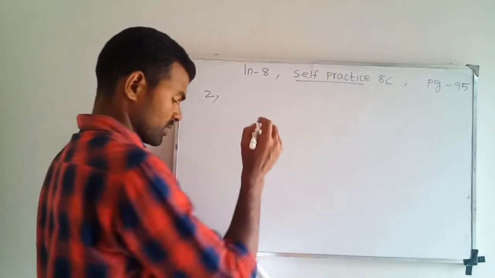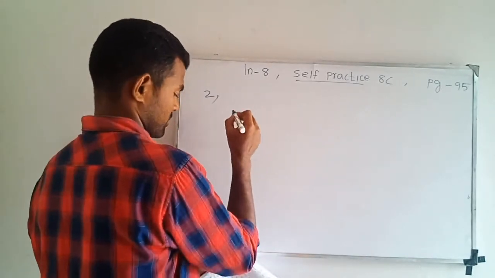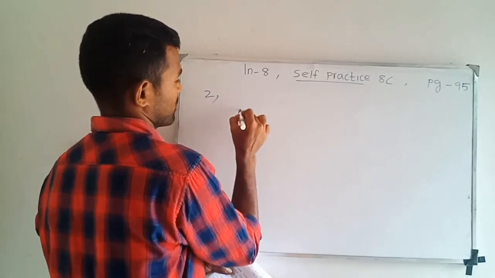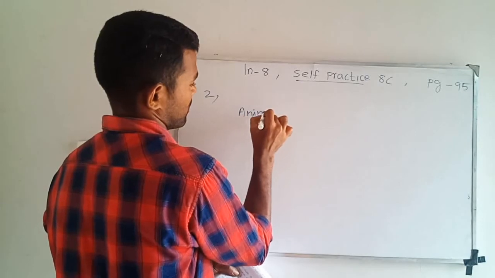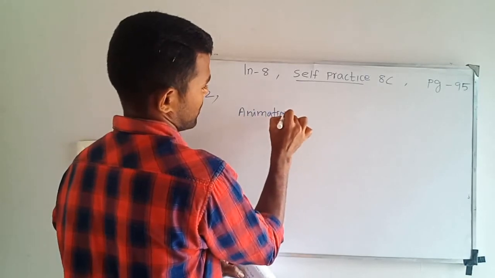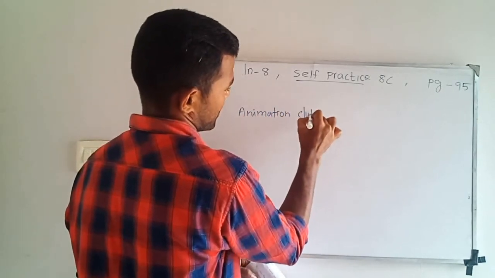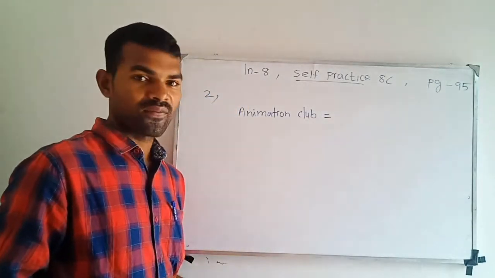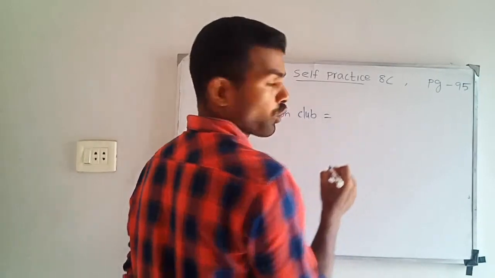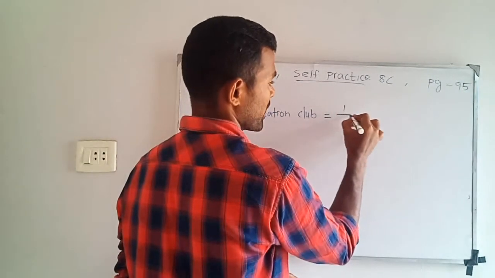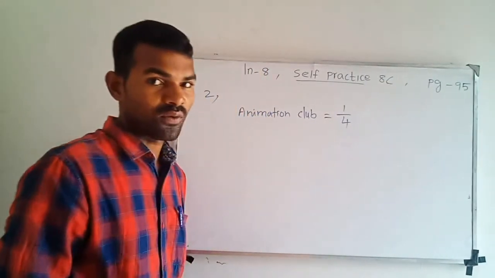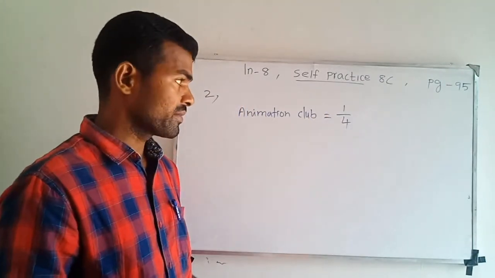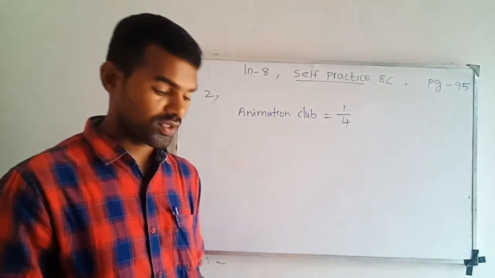In the animation club, how many students? 1/4 means 1 by 4. In the animation club, 1 by 4 of the class students are there.